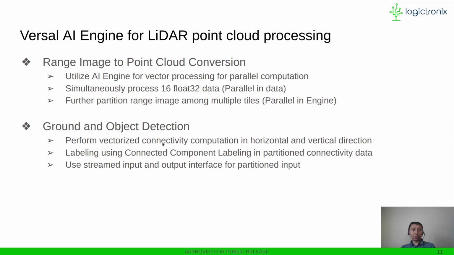For ground and object detection also, we can do the same vectorized operation for both horizontal and vertical connectivity calculation. And further, we are also doing connected component labeling using vectorized operations, and partitioning the connectivity calculation into multiple tiles.